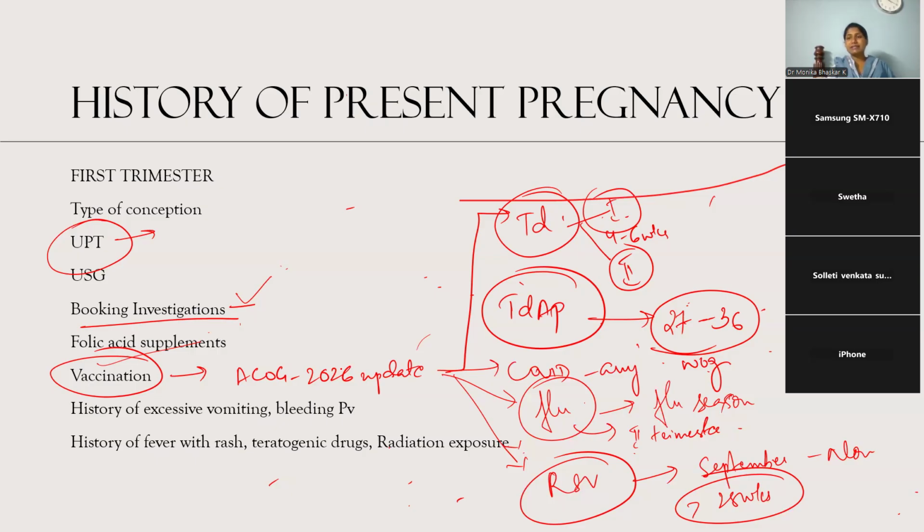diagnosing hyperemesis gravidarum. And we have a designated scoring called the PUQE score, that is Pregnancy Unique Quantification of Emesis score, and based on the score we can decide whether the woman needs outpatient management or daycare management or inpatient management.